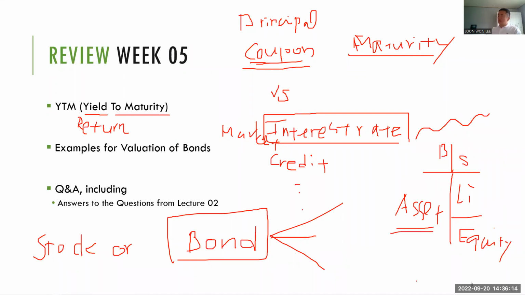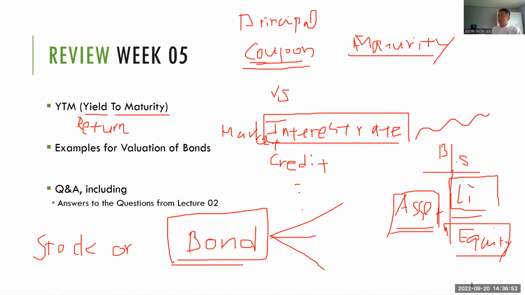So this asset is financed with liabilities or equity, right? With liabilities, if you have a credit line with the bank, then you take a loan from the bank, right? But the other way of debt financing is issuing bonds, okay?